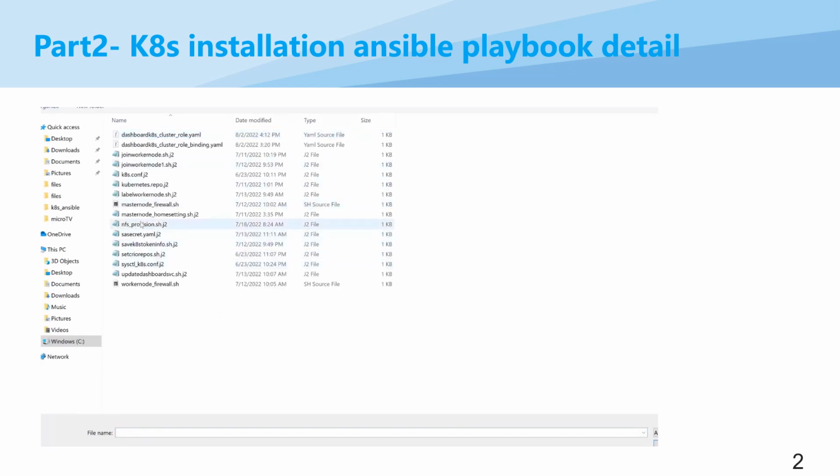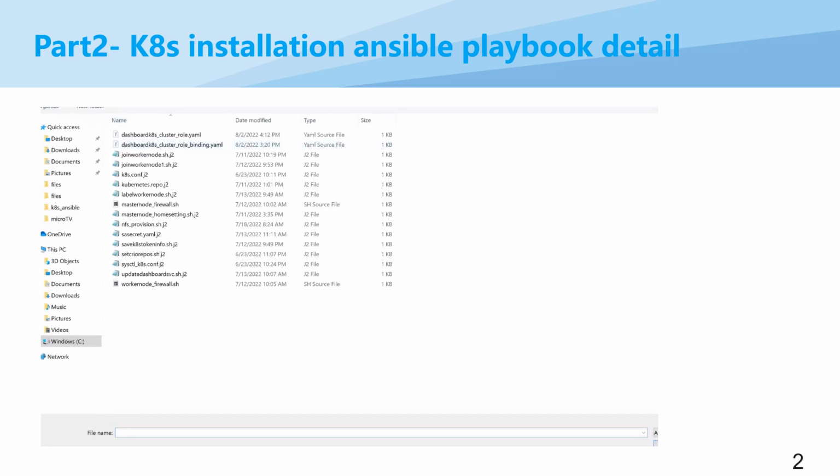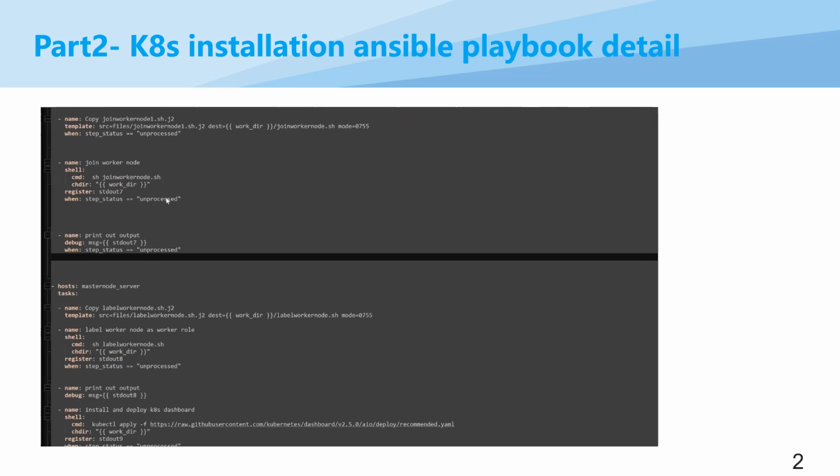Here you can see it uses kubeadm join, the master node host and port, and then the token and hash variables. That's quite straightforward.